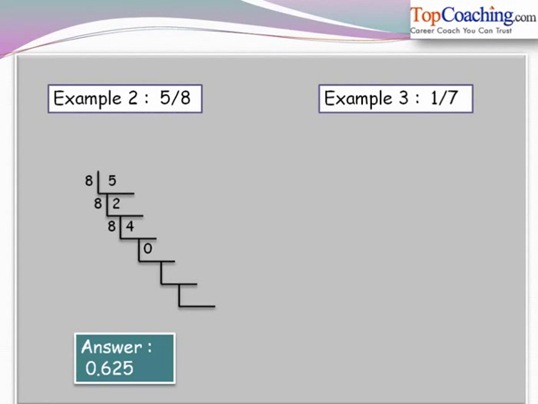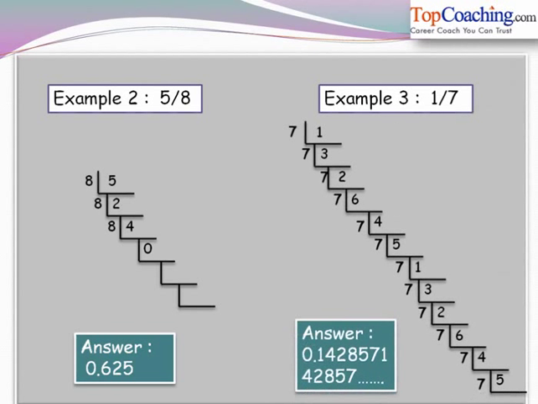Let's take one more case, 1 by 7. This is again a real number, and when we divide 1 by 7 we get a very long procedure and the answer comes out to be 0.142857. There's a cycle of 142857 and it repeats, so again we would get 142857 and this cycle goes on continuously.